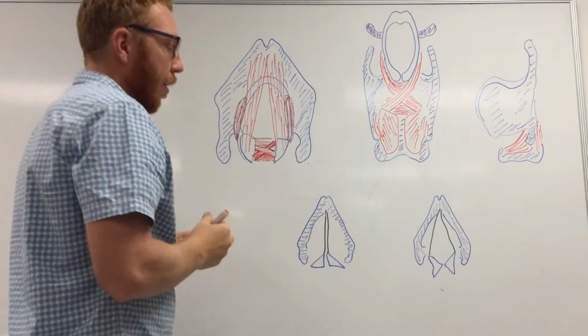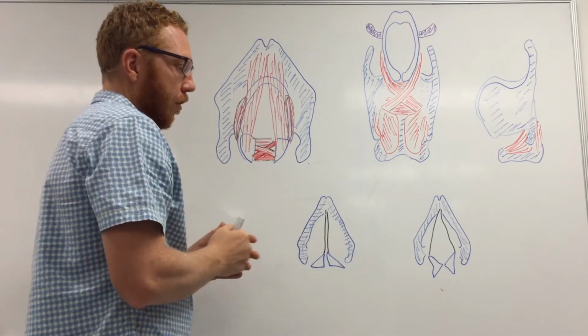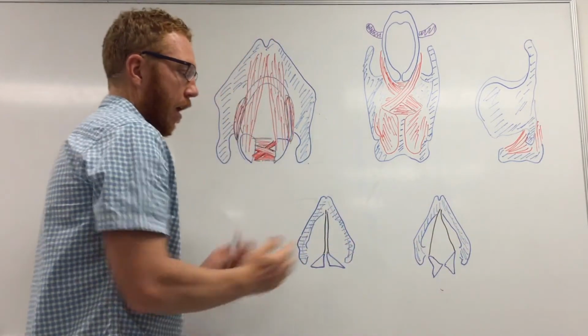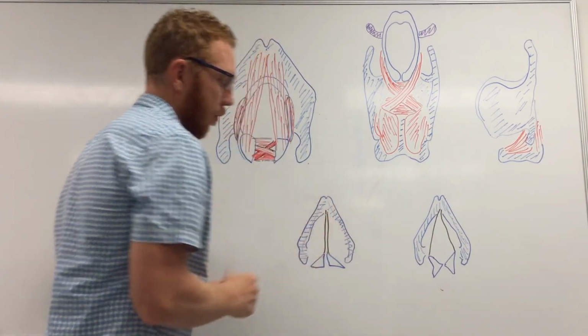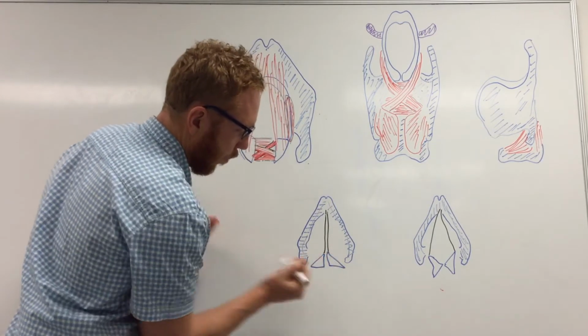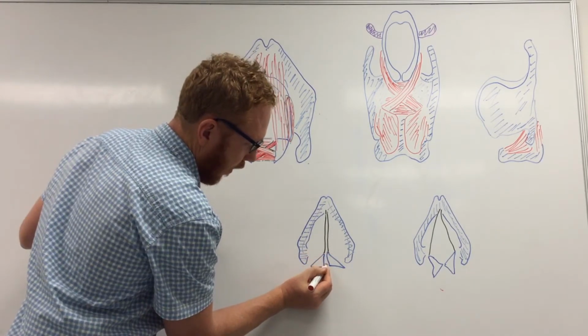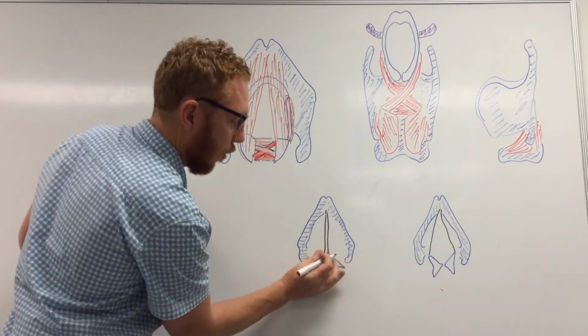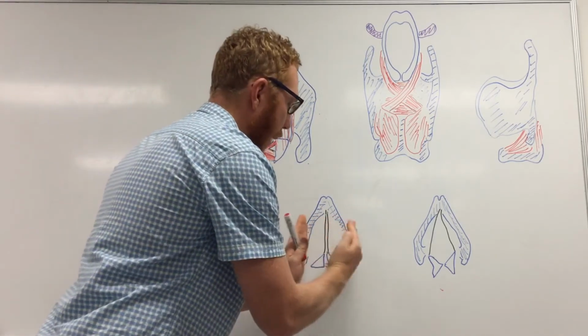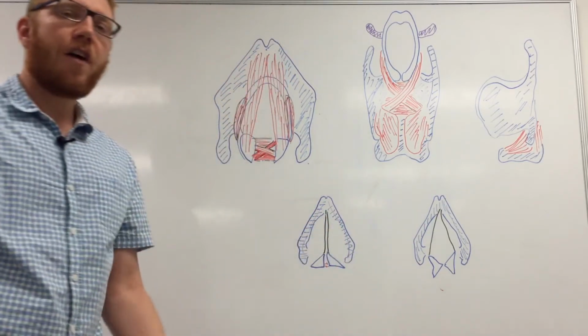Then we're going to go to abduction. That is moving it apart like that. And then we have one to bring it together, which is adduction. And then we have just sliding these 2 areas together, so bringing the bases together. That's just sliding or apposition. So that's the 5 movements.